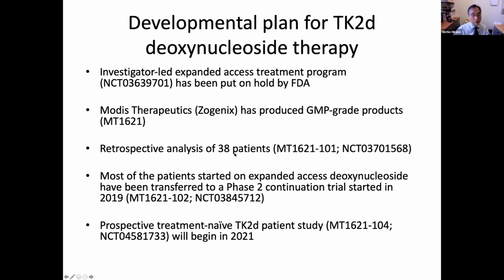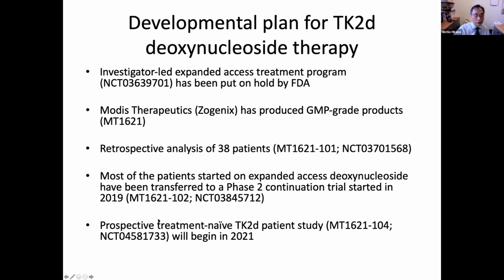Retrospective analysis of the first 38 patients has been largely completed. And most of the patients who were treated through the expanded access have been rolled over into their phase 2 continuation study. Many of those patients have been on that study for now 2 years.